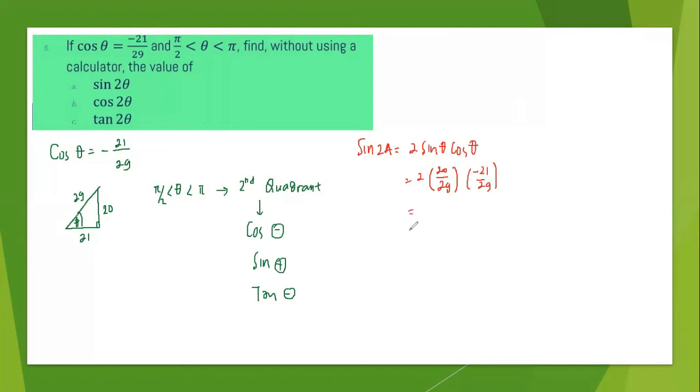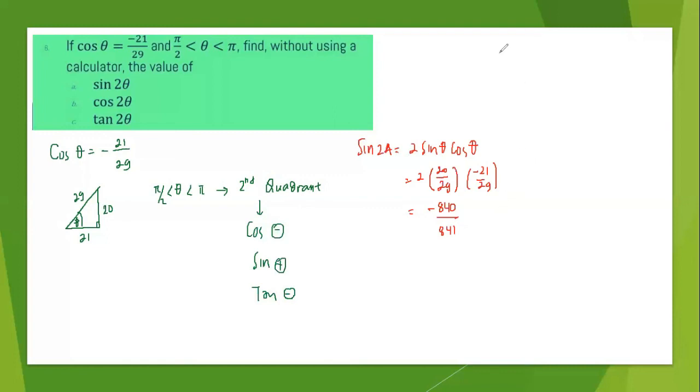So the answer is minus 840 over 841. Is it? Yes, sir. Okay, go.